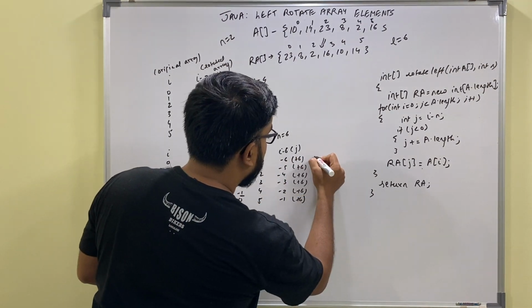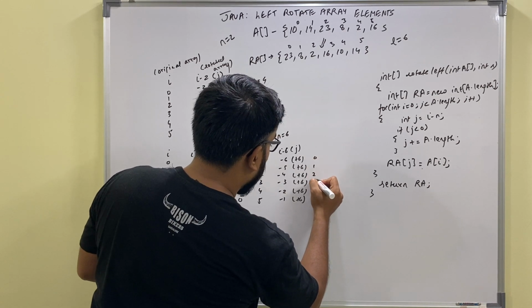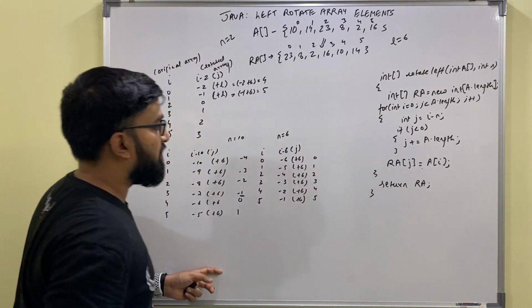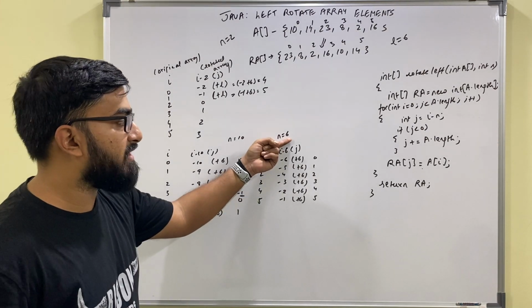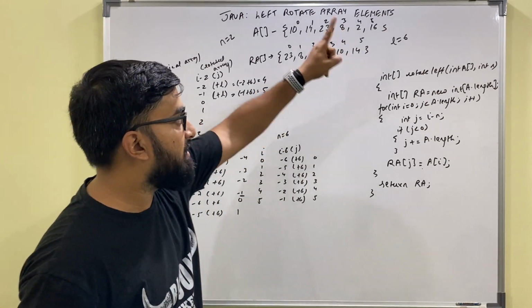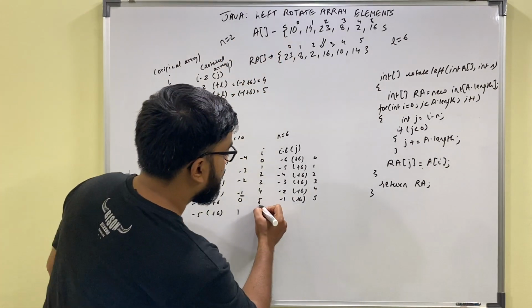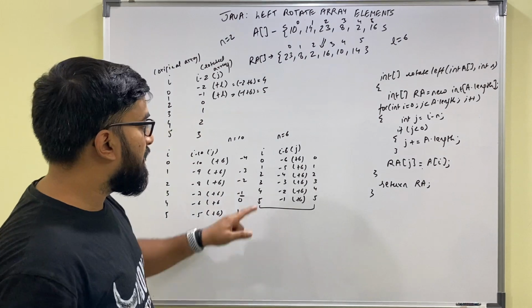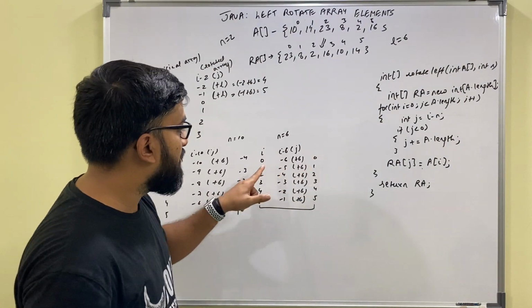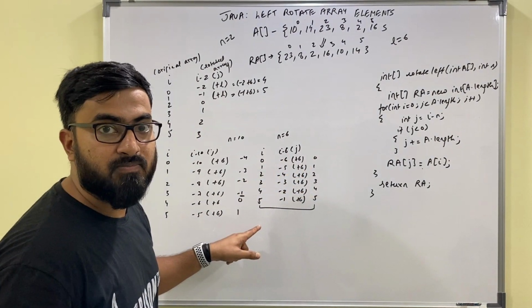So this becomes 0, 1, 2, 3, 4 and 5. So when n equal to 6, if you rotate this array left n times where n equals the length of the array, it becomes the same original array, because I started at 0, ended at 0, I started at 1, ended at 1 and so on.